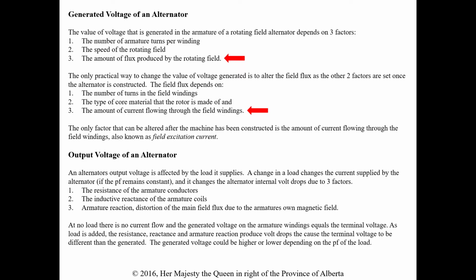We basically have factors that we want to talk about because there's only certain things we can affect to change the generated voltage. Rather than just have the windings are this and this is the induced voltage and it never changes, we can't have that, because as we put load on an alternator, the voltage is going to change.